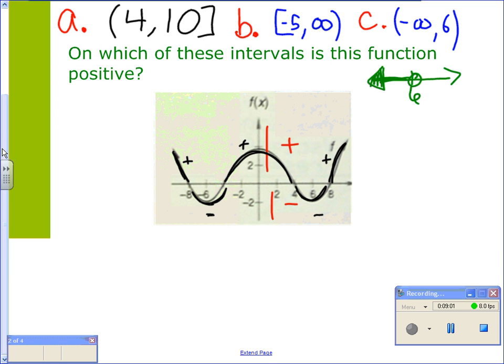Okay, so now that you know which intervals we're looking at, how would I notate this first one? Parentheses or bracket? Okay, we're going from -8, and that would be a bracket. Okay, what's the left side of it?